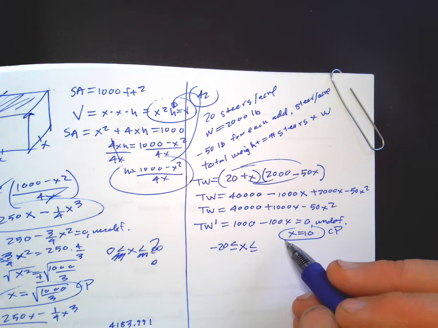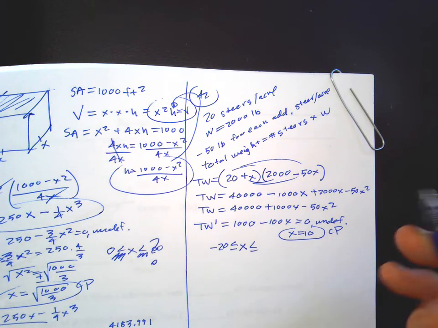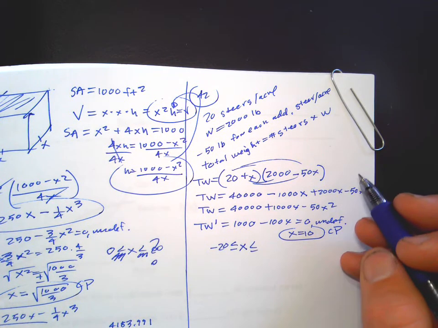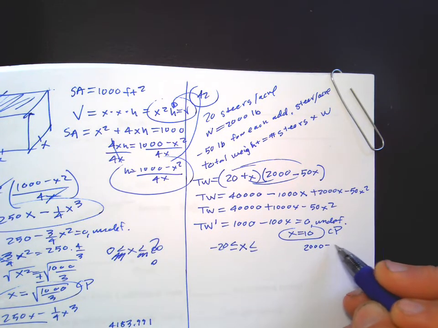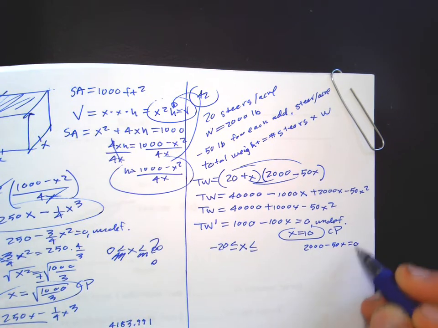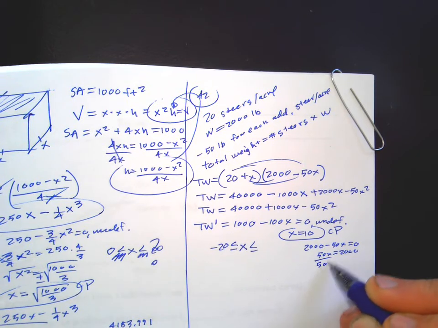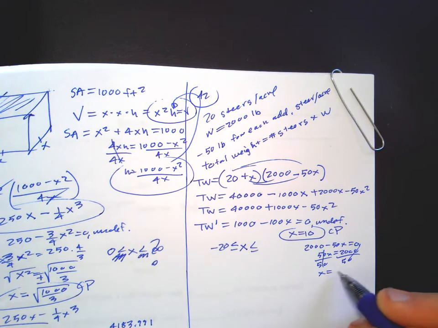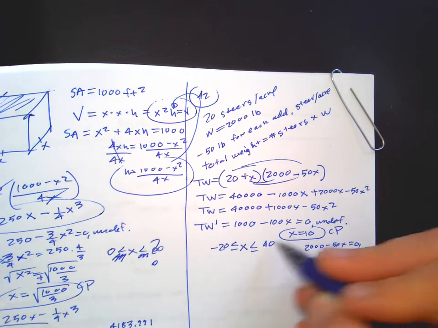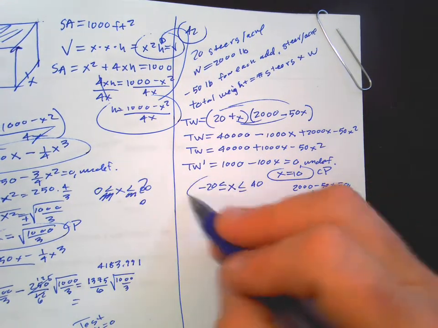And then the upper end, one logical way of saying it is that their weight can't go to 0. So let's take the extreme case that their weight goes to 0 and figure out how many steers it takes to make them super skinny. It's 40. That might still seem impossible, but whatever. So these could be our endpoints.